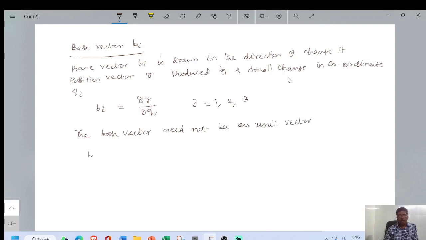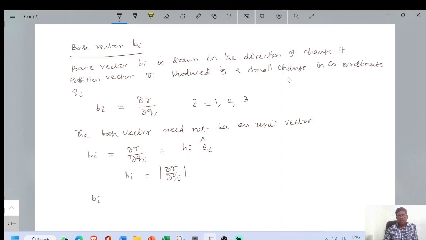Now we have to write the base vector in terms of unit vector. Dou r divided by dou qi equal to some quantity hi into ei cap. Here hi equal to modulus of dou r divided by dou qi.